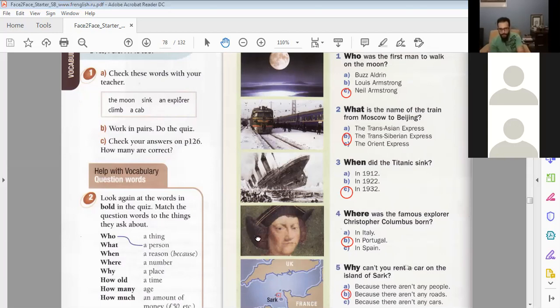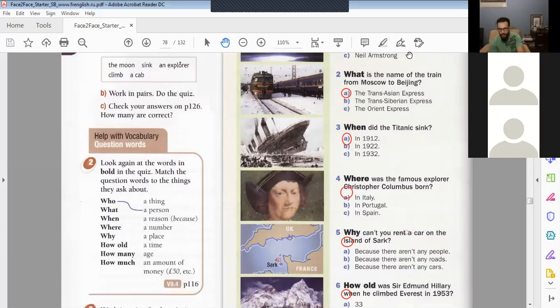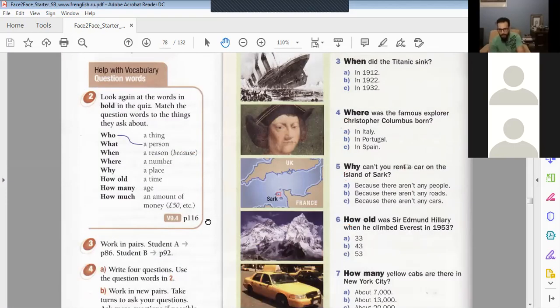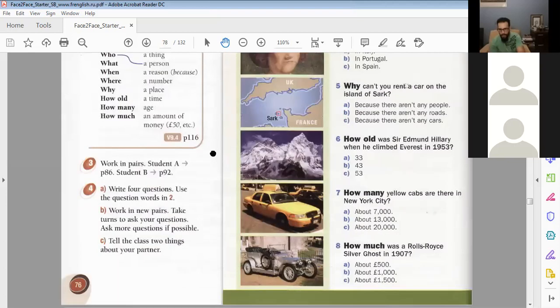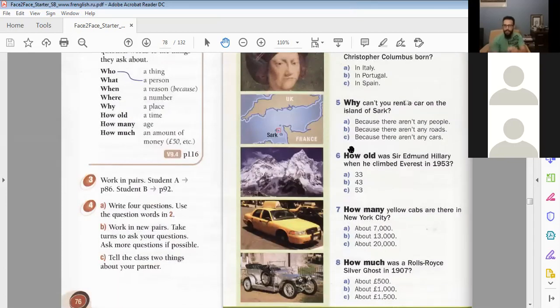Okay, let's see question number 6. We have number 6, 7, and 8. Okay, Basma, number 6.